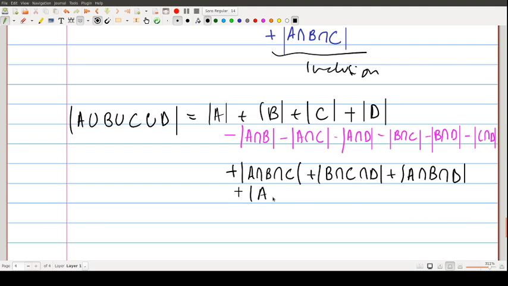Plus A intersection C intersection D, plus what else? Am I missing anything now? So this should be, I'm trying to select 3 elements from 4, so 4 C3, and I think those should be 4 elements.